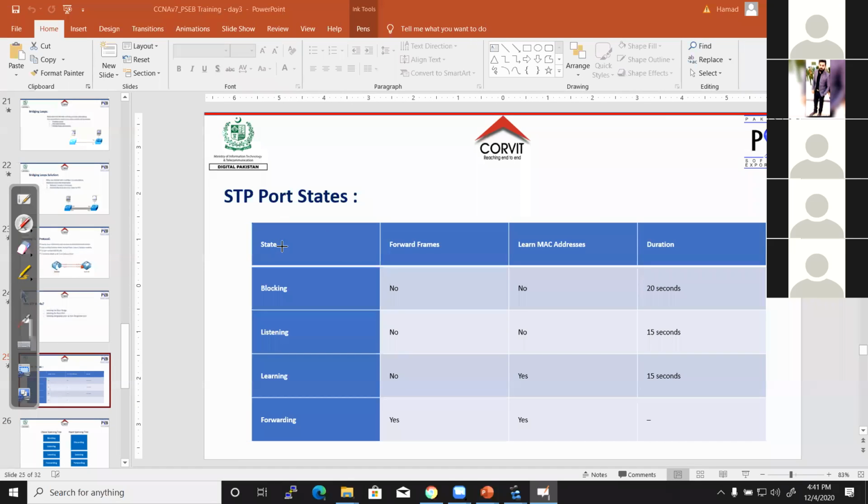You guys can see the states of STP: blocking, listening, learning, and forwarding. From blocking to listening, it takes 20 seconds. From listening to learning, it takes 15 seconds. And from learning to forwarding, it takes 15 seconds. This is the delay in STP, and these are the port statuses.